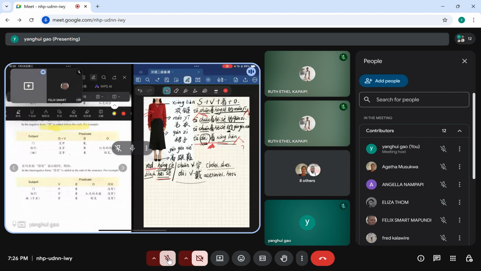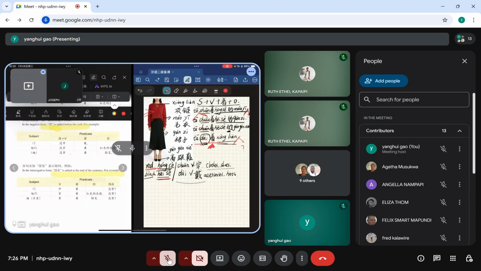And for the question form, 没有 is added at the end of the sentence. So we can turn the sentence into a question, and we just add 没有 at the end.